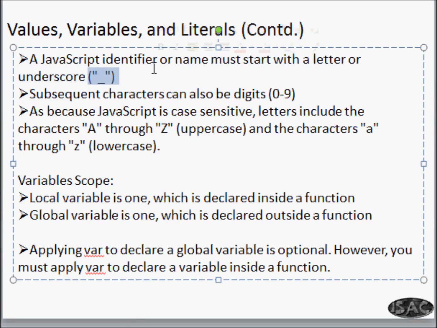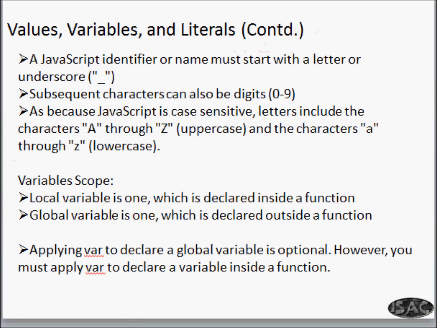The variable or identifier must start with a letter or underscore. After that, subsequent characters could be 0 to 9. Because JavaScript is case sensitive, it includes the characters A through Z uppercase and lowercase. You have to take care of that.